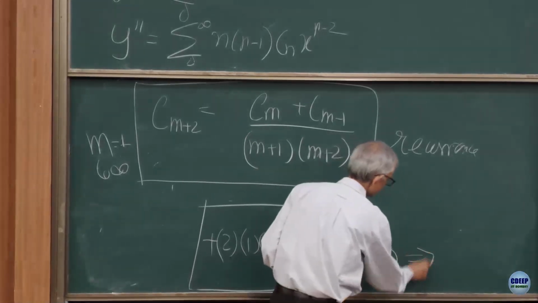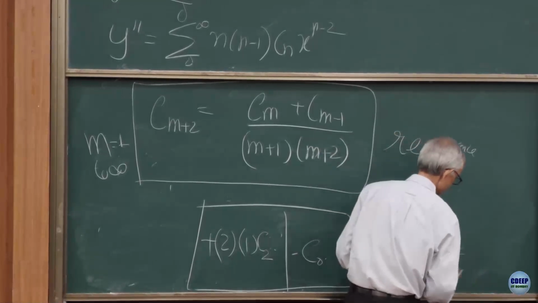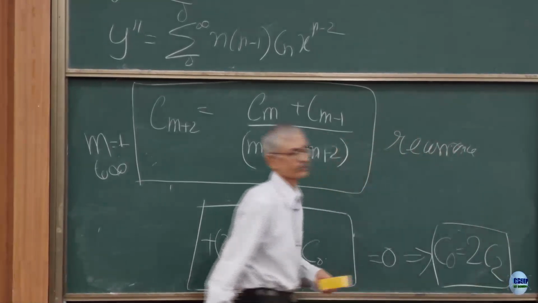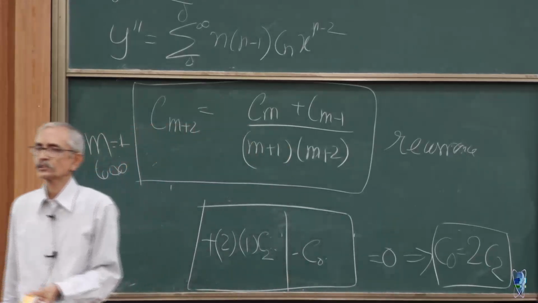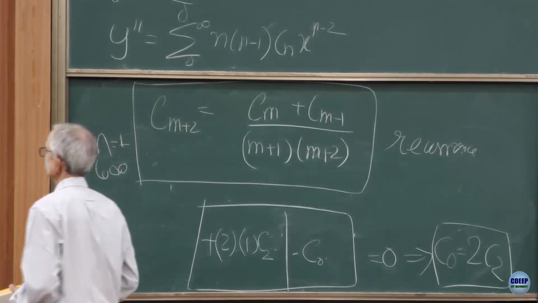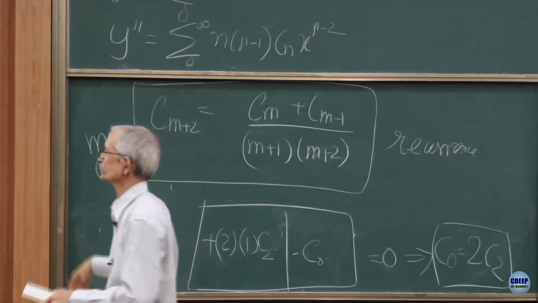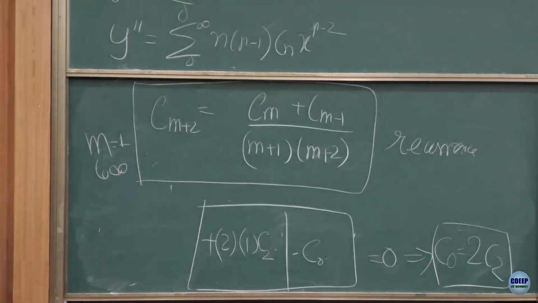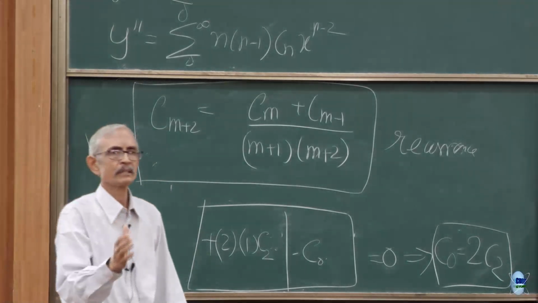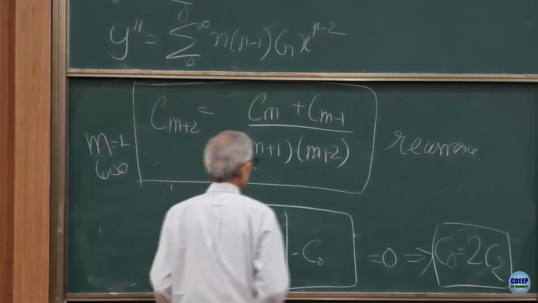This implies C0 equal to twice C2. Okay. So that's another relationship that we have. So we've got two relationships. One is C0 equal to 2C2, and another is a whole bunch of relationships for m equal to 1 to a large number, whatever that number may be.